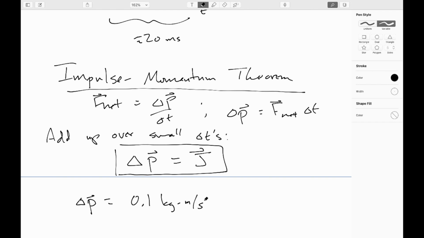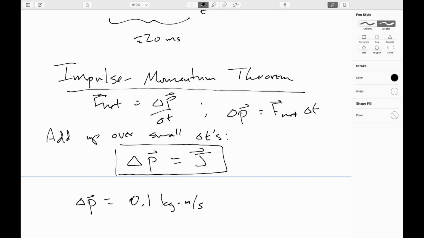You took some high-speed video to figure out how fast the nail was flying afterwards. You had figured out the mass of the nail. So from that, you can figure out the change in momentum of the nail.